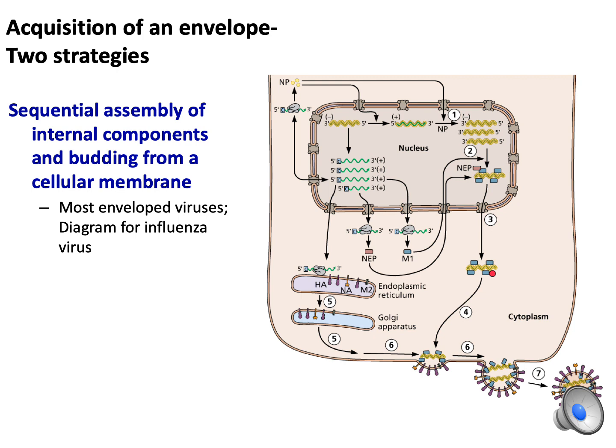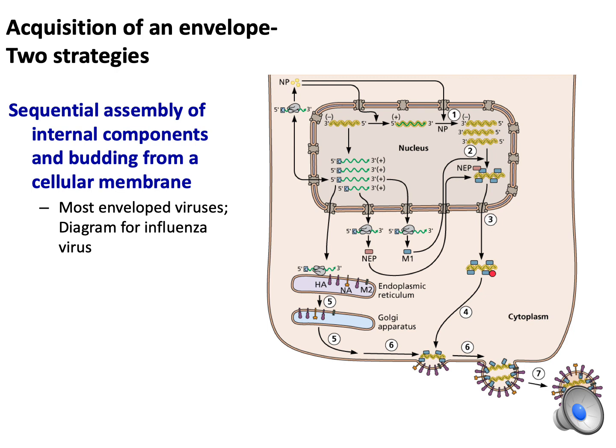The genomic RNAs are being replicated in the nucleus. They're being coated by nucleoprotein that's going in. You can see that up at the top, and the M1 protein and the nuclear export protein are also getting imported, and then these ribonucleoproteins are getting exported in step number 3.